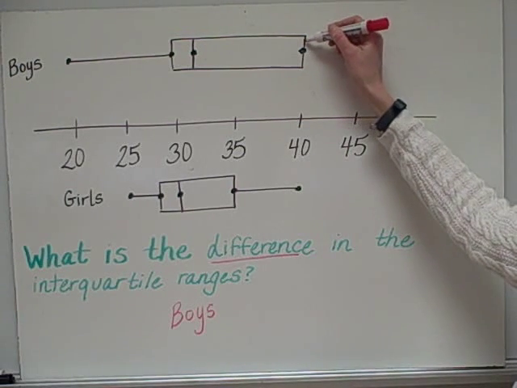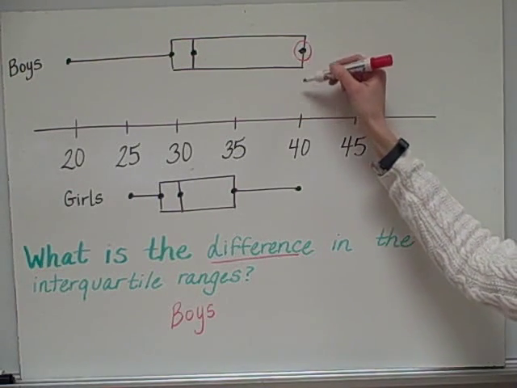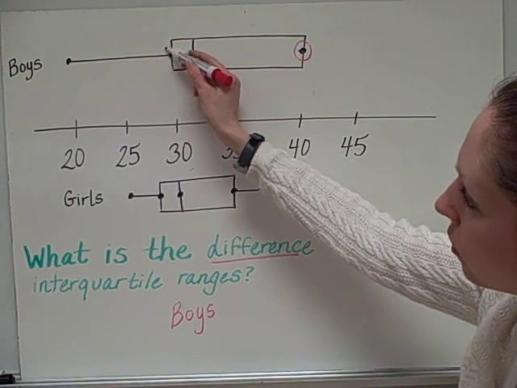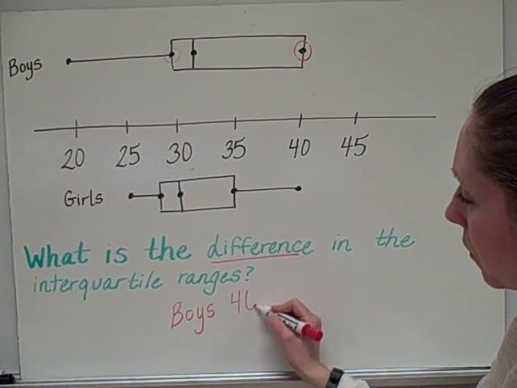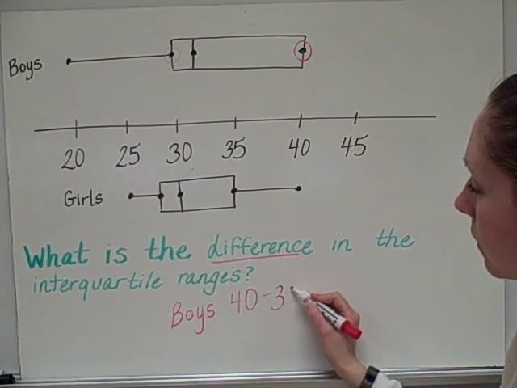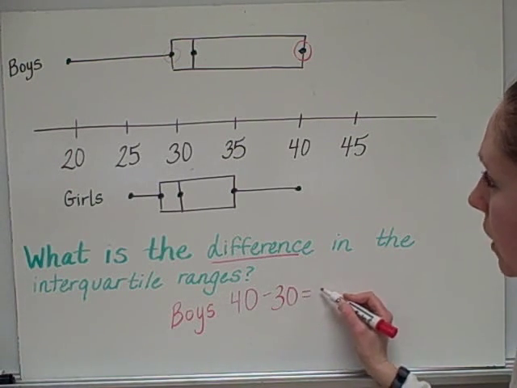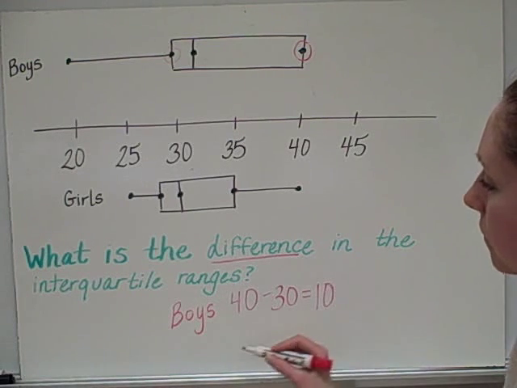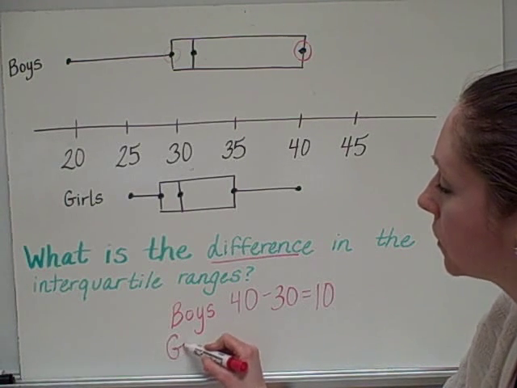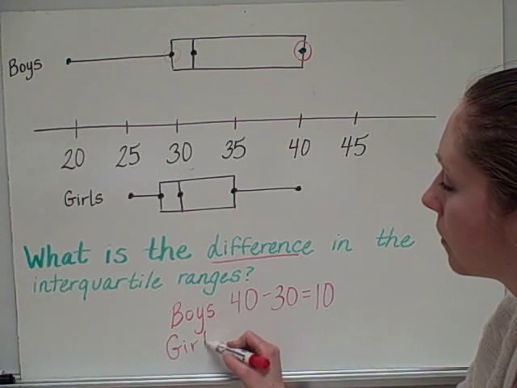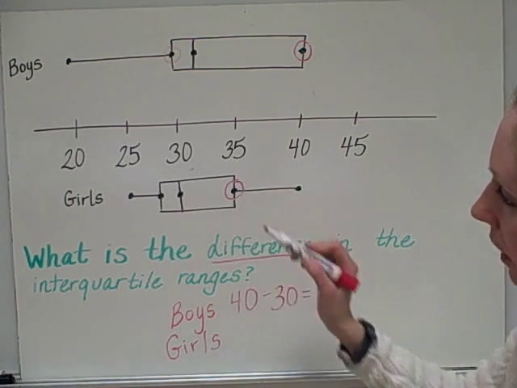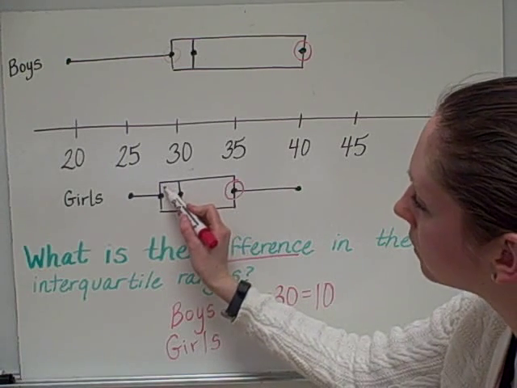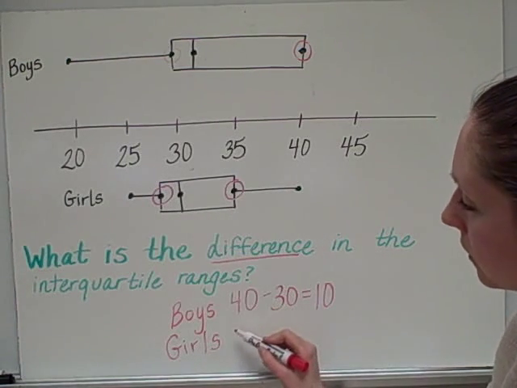For boys, my upper quartile is 40, my lower quartile is 30. So 40 minus 30. Boys' interquartile range is 10. For girls, upper quartile 35, lower quartile 28.